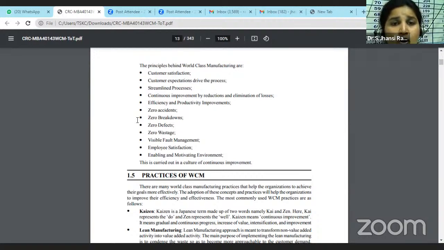This all will be looked after. World-class manufacturing covers all these things: no defects, no wastage, no breakdowns, visible fault management, employee satisfaction, and an enabling and motivating environment. These are the different principles of world-class manufacturing.